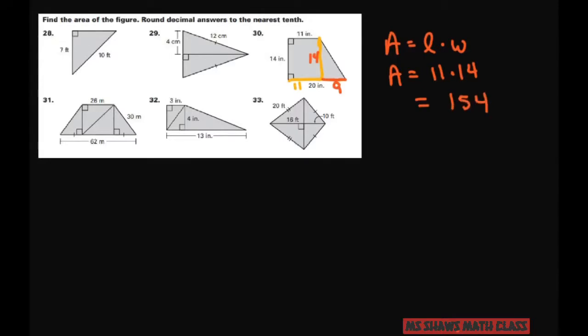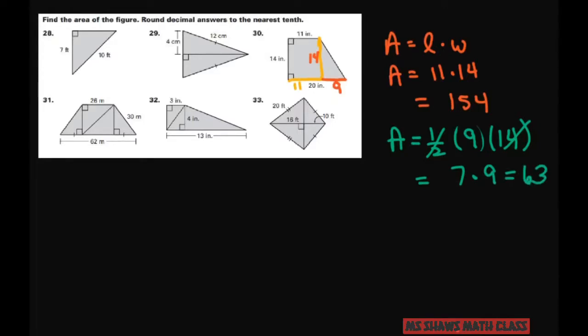Now for the triangle, the area is going to be 1/2 base times height. So our base is 9 times 14. Well, 1/2 of 14 is 7, so I can take those out and just say 7 times 9, which is 63.